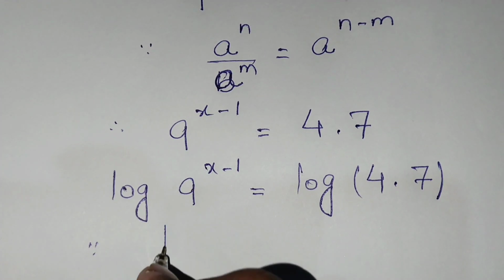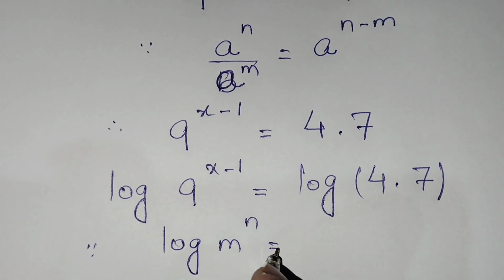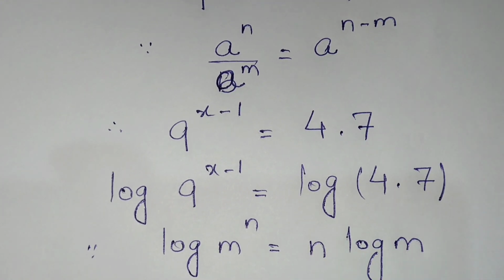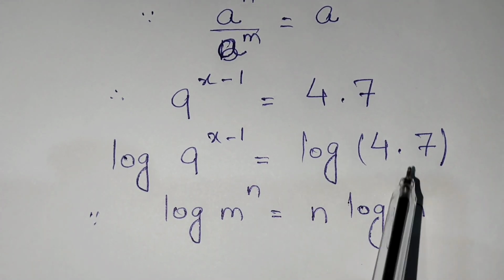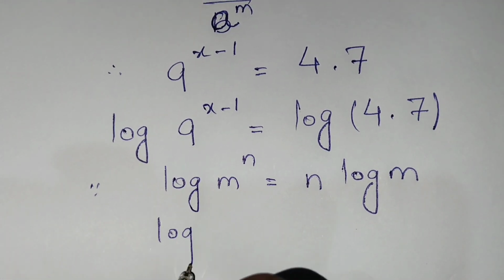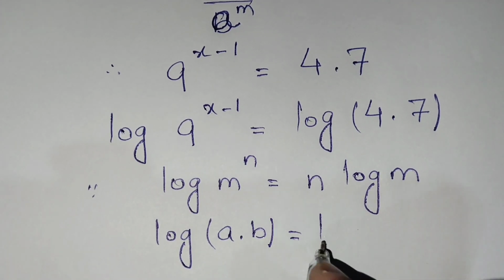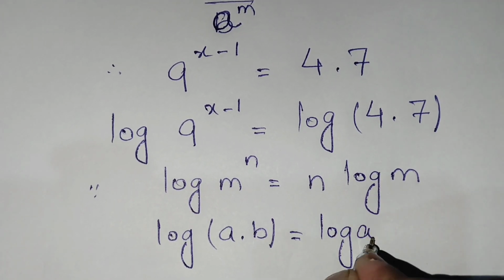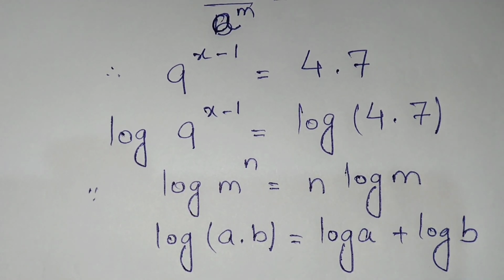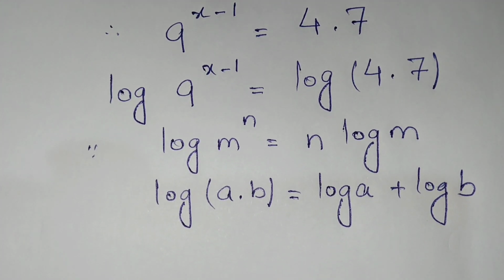For the left hand side, log of m power n is equal to n times log of m, and for the right hand side, log of a times b is equal to log of a plus log of b. So we will use both of these formulas on the above equation.